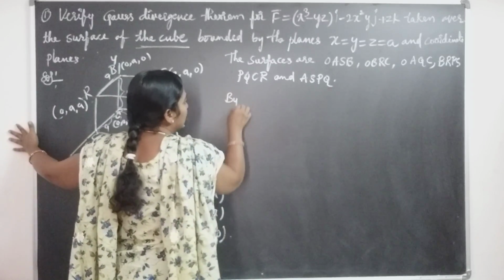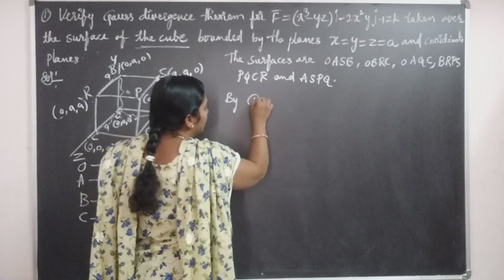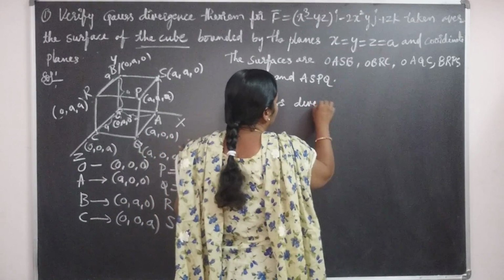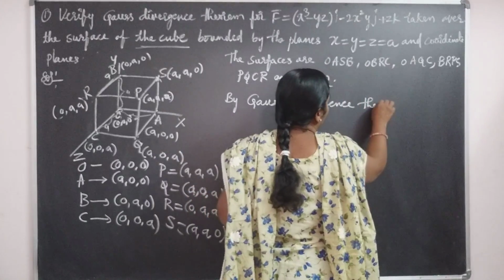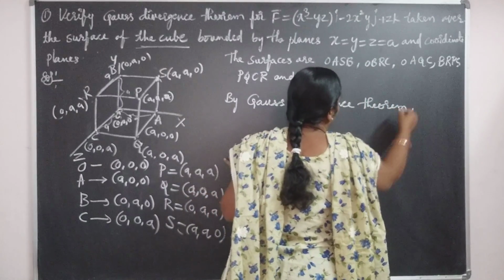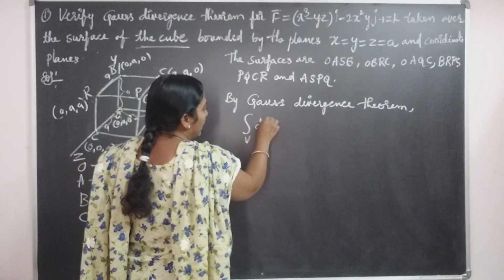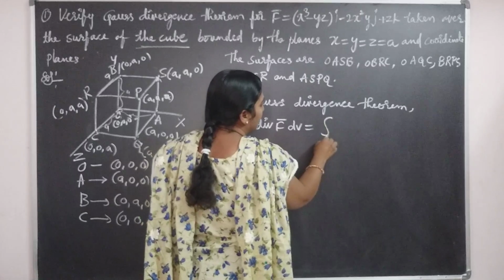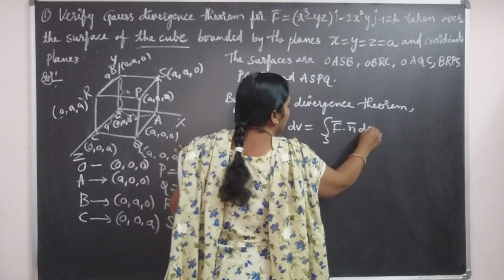By the Gauss Divergence Theorem, we can prove that the volume integral of div f dv is equal to the surface integral of f bar dot n bar ds.